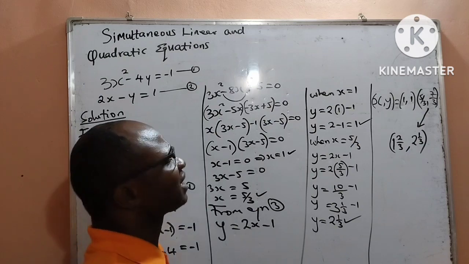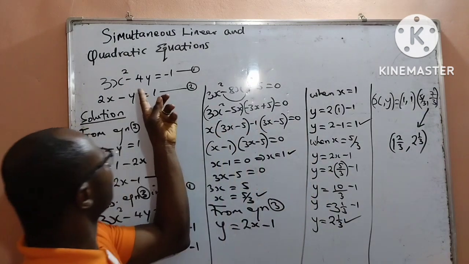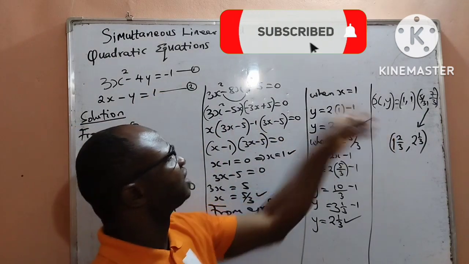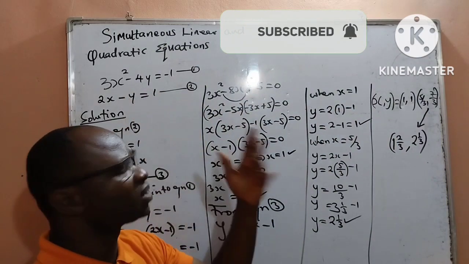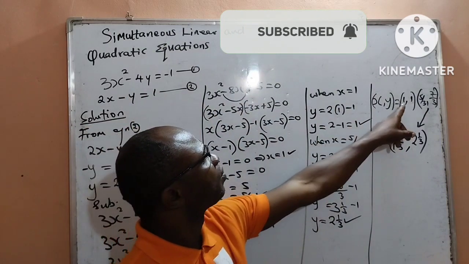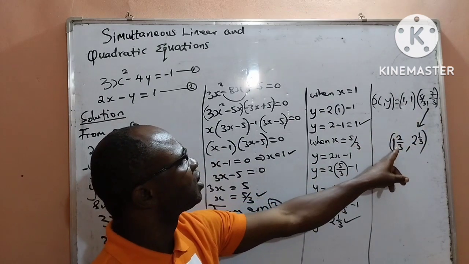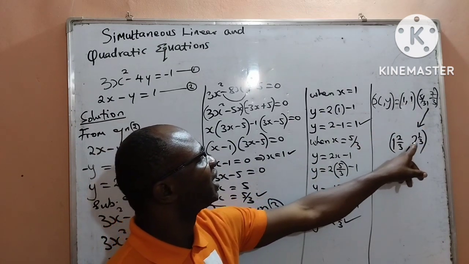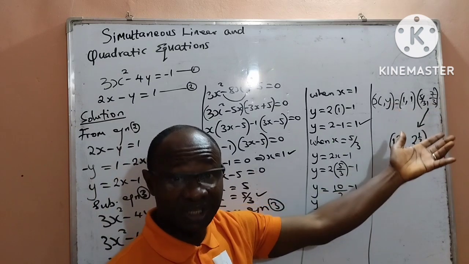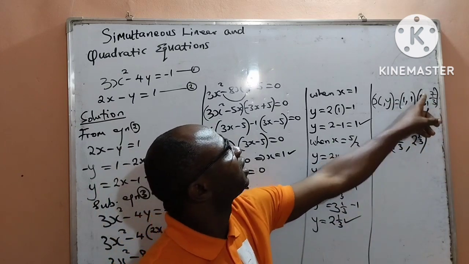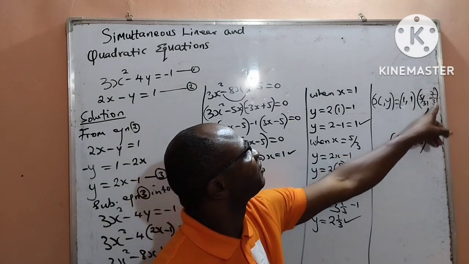So, in conclusion, we can now say that the values of the unknown x and y in this simultaneous linear and quadratic equation are 1 for x and 1 for y, and the second answer is 1 whole number 2 over 3 and 2 whole number 1 over 3, or you put it in improper fraction, 5 over 3 and 7 over 3.